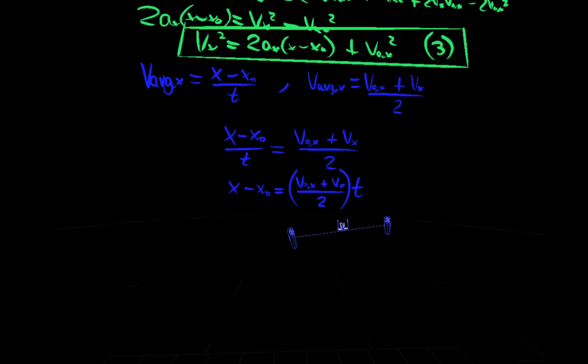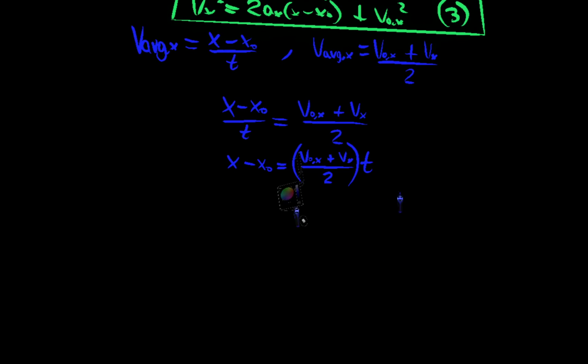And you can also write it, if your x naught is 0, you can think of this as x of t. It's a different equation for x of t, which doesn't include anything about acceleration. 1/2 v naught x plus 1/2 v x times t.